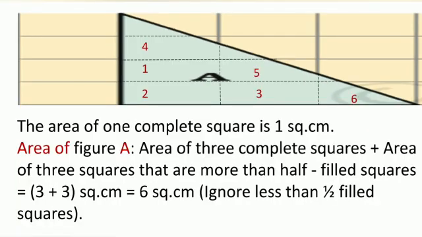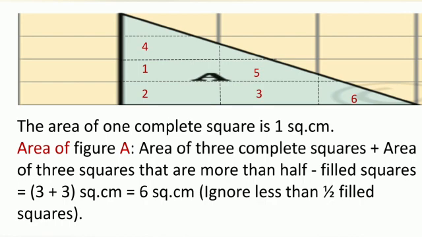Let us now calculate the area of the triangle A. The area of one complete square is 1 square centimeter. You can see 3 complete squares here. That is number 1, 2 and 3. The area of these 3 complete squares will be 3 square centimeter.